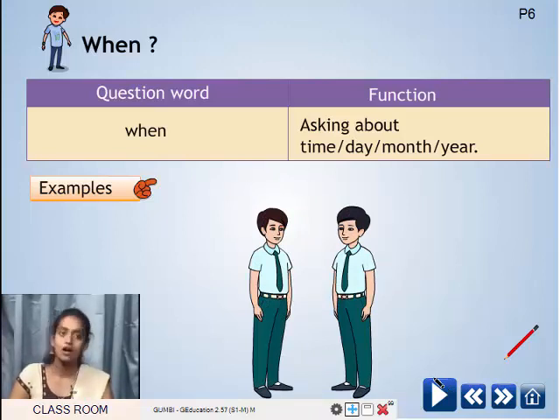Loudly, outside, softly, slowly, late, around, there, today, over, recently. So children, have you read all these words correctly? See, loudly, outside, softly, slowly, late, around, there, today, over, recently.